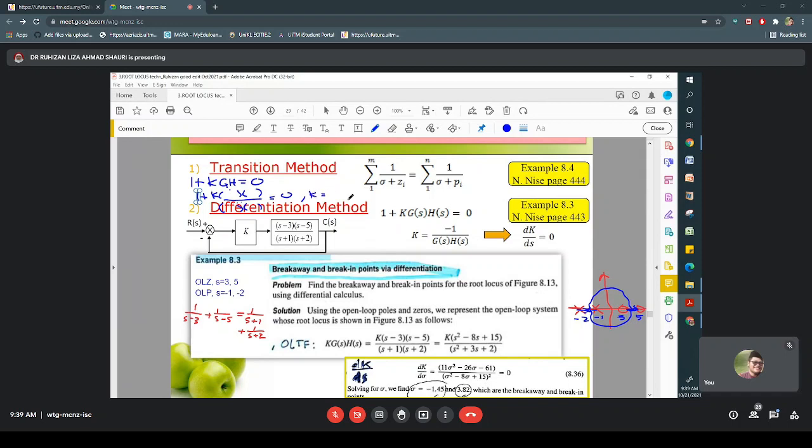K equals negative 1 times the poles and the zeros.